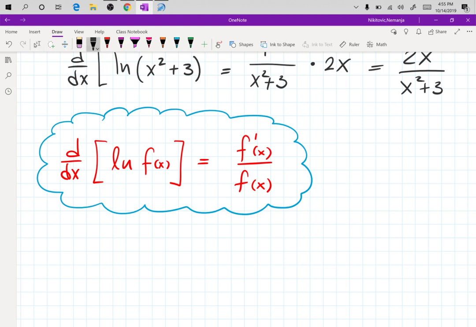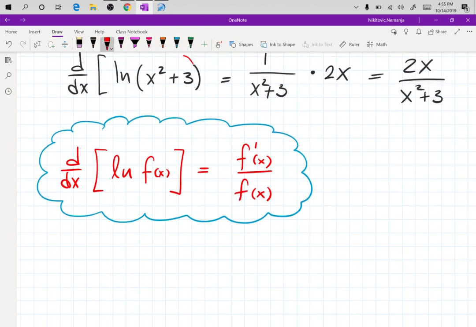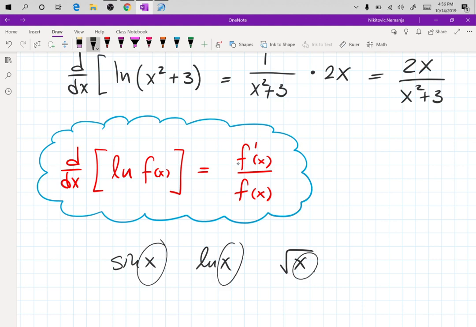Again, whatever the function is, you see how over here the function is copied the same? That's why it says f of x going into the same f of x. So memorizing this particular derivative: whatever the argument of ln is, the argument is whatever is inside. When you write sine x, ln x, square root of x, whatever is plugged into these functions is called an argument in mathematics terminology.